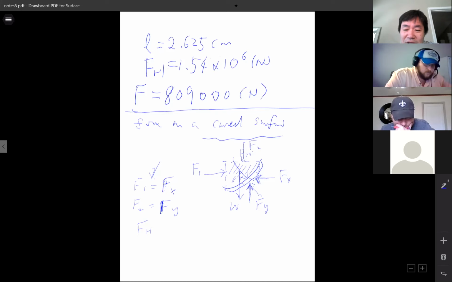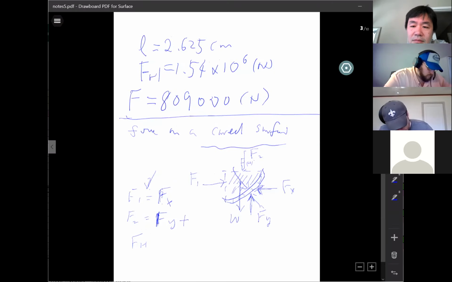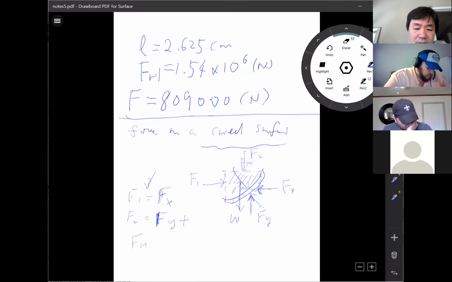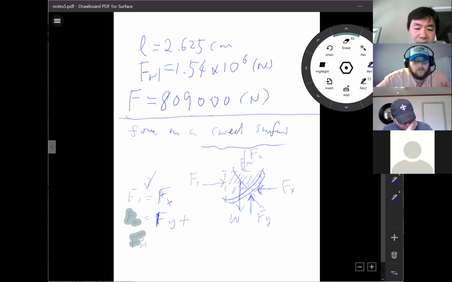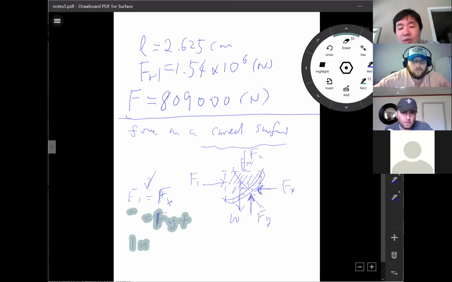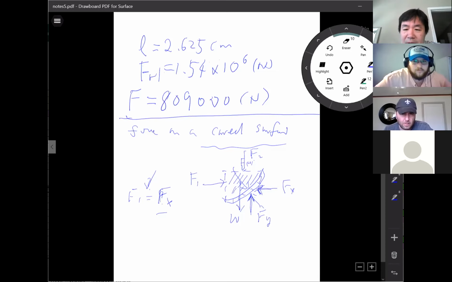So F2 is the force on the plane surface, the horizontal virtual plane, plus W. Hold on, let me rewrite it. Is it the weight of the water or the weight of the surface? The weight of the water. Look at my drawing, the free body diagram.